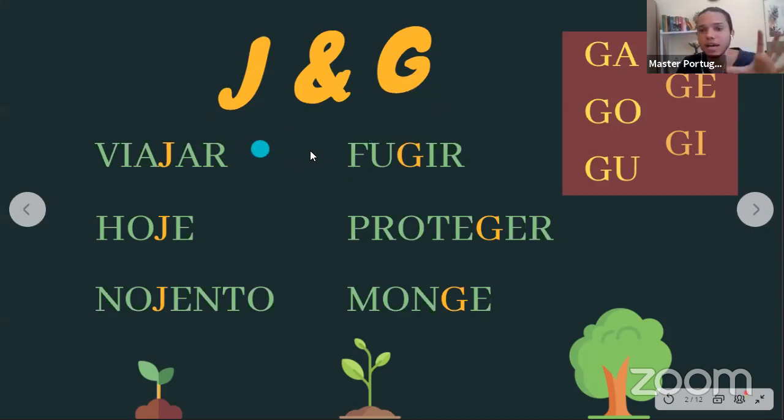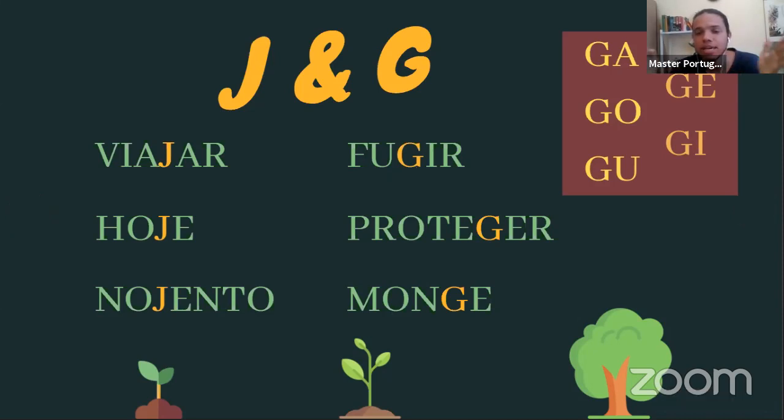And most of the time, they have the same pronunciation or very similar pronunciation. For example, viajar, so we pronounce with J, viajar. Fugir, the same J sound, okay? So in this case, they are similar sounds.